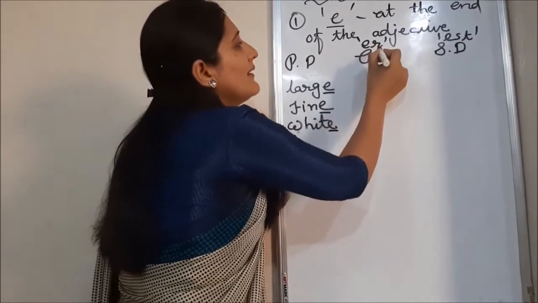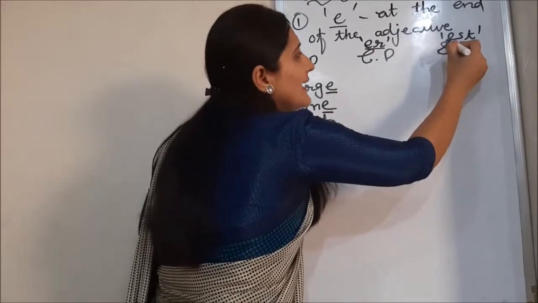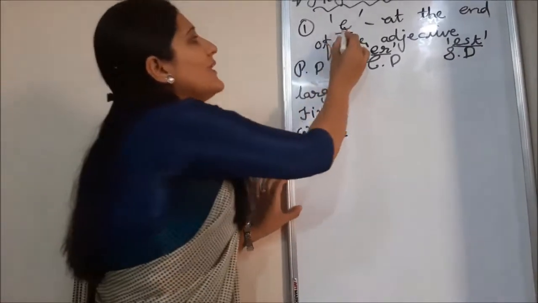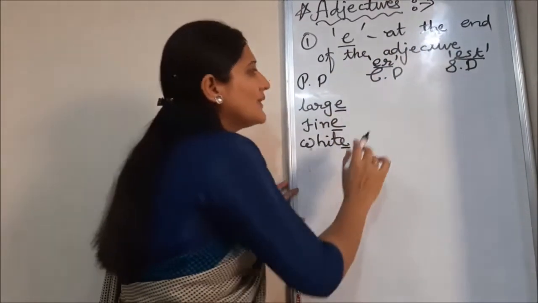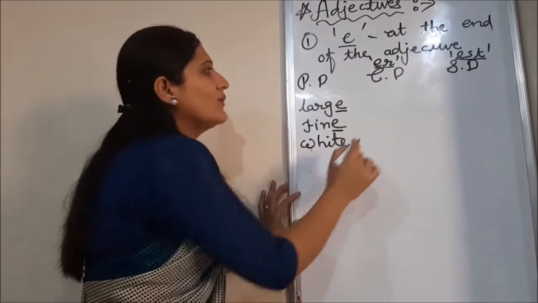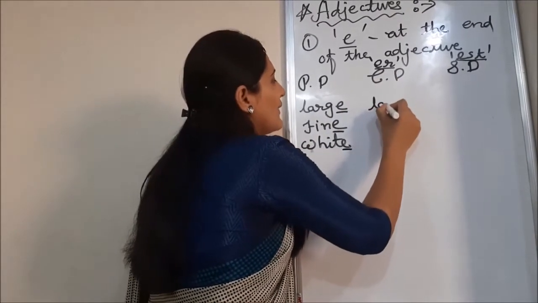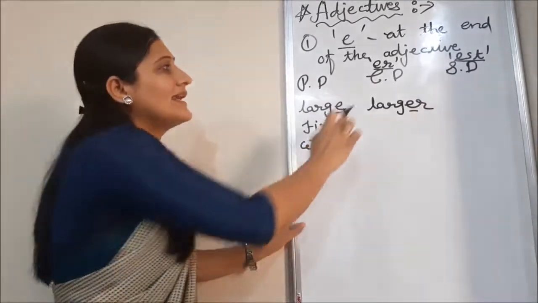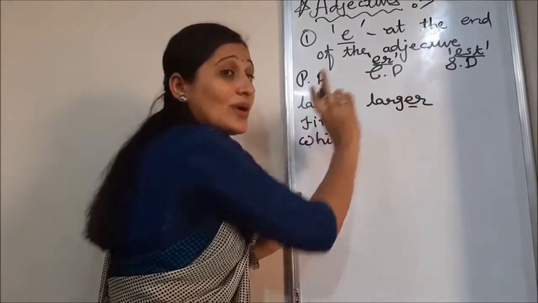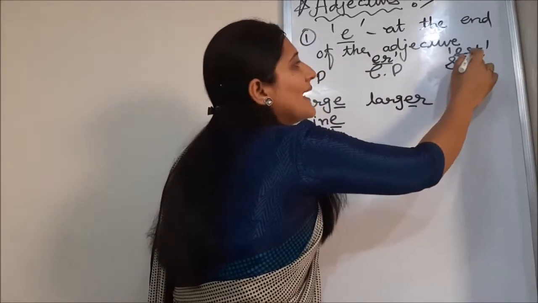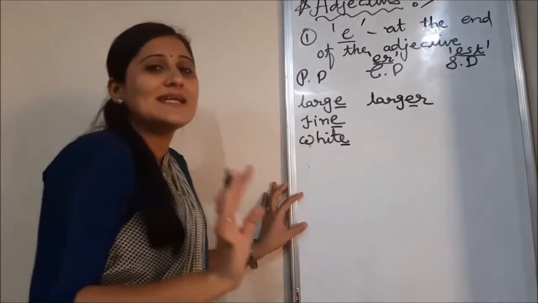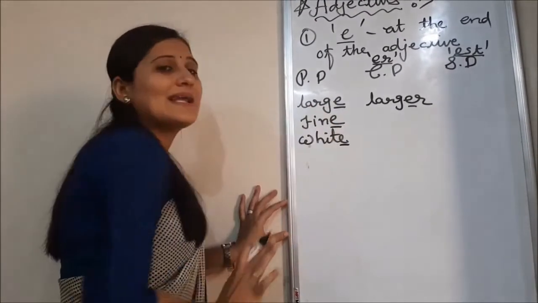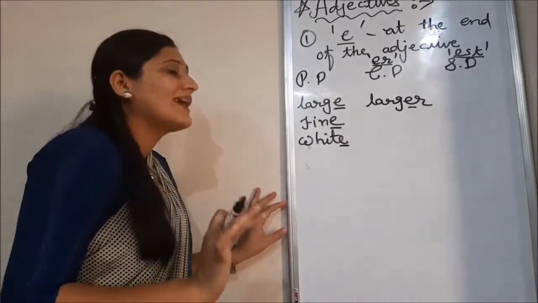So here ER we need to add, here EST we need to add, as I told you. But if E is at the end of the adjective itself, then in comparative you will add only R, because E is itself given in the last, right? So in comparative you will add only R, not ER, and in superlative you will add only ST, not EST, if the last letter is E in the spelling of the adjective.